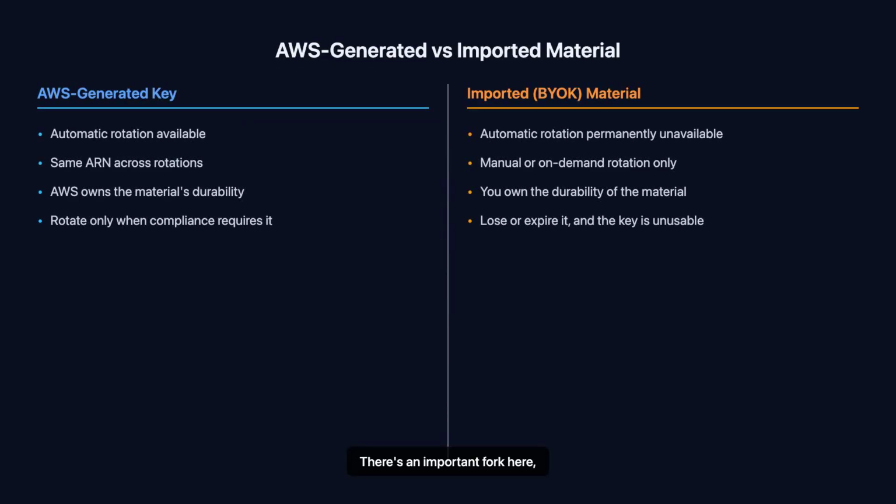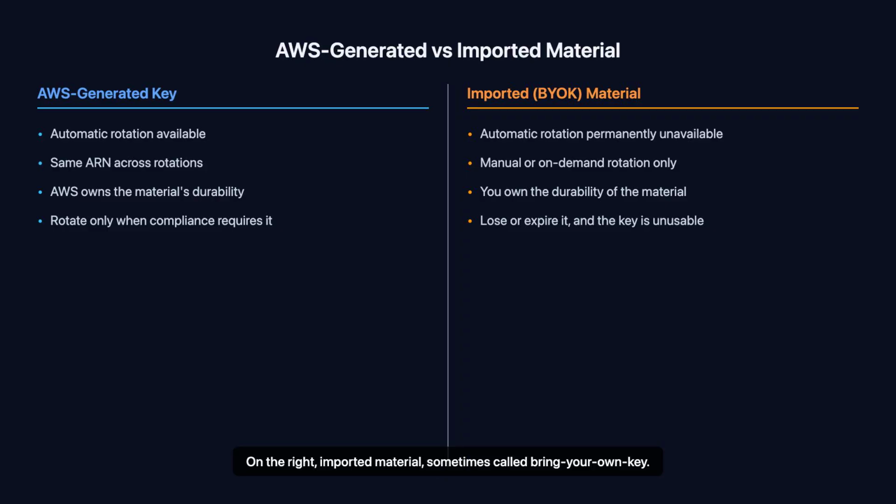There's an important fork here, depending on where the key material came from. On the left, keys with Amazon Web Services generated material. They support automatic rotation, they keep the same ARN across rotations, and Amazon Web Services owns the durability of the material. You only need to bother rotating them if compliance demands it.